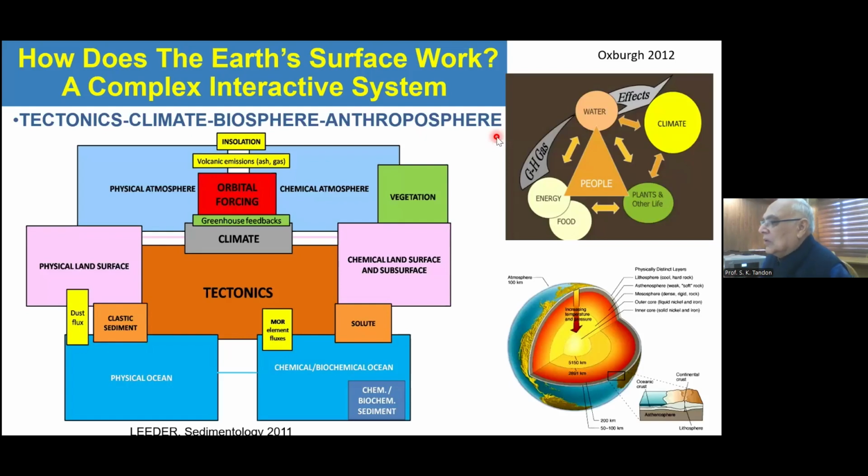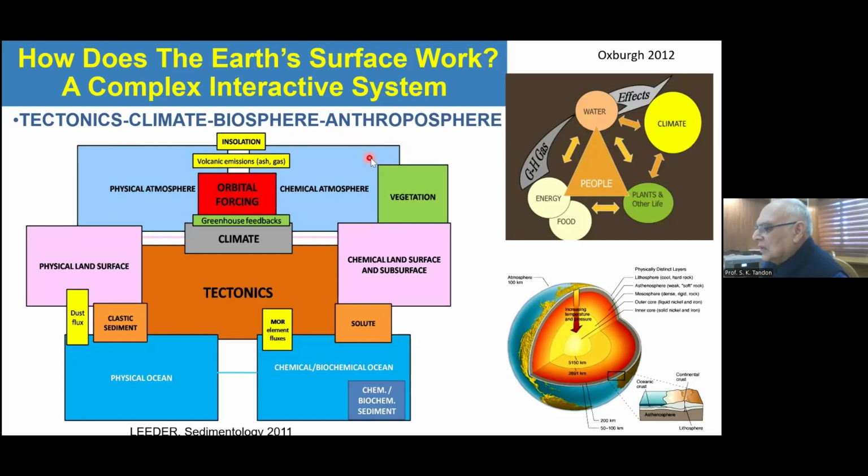Before we enter into this discussion, let us ask the question, how does the Earth's surface work? The Earth's surface is a complex interactive system. It basically represents an interplay and feedback system between tectonics, climate, the biosphere, and now, of course, the anthroposphere.